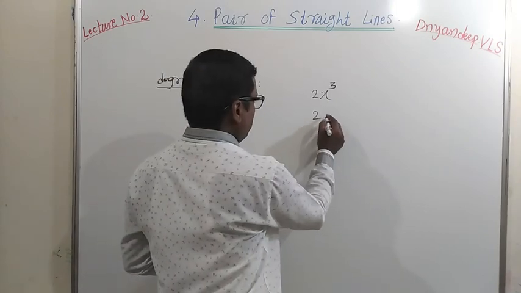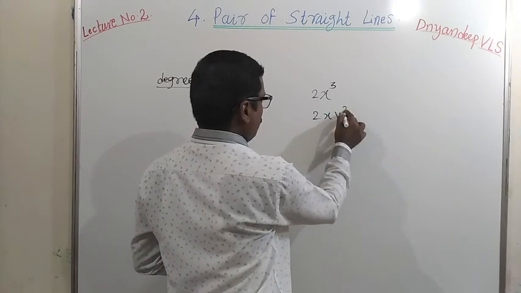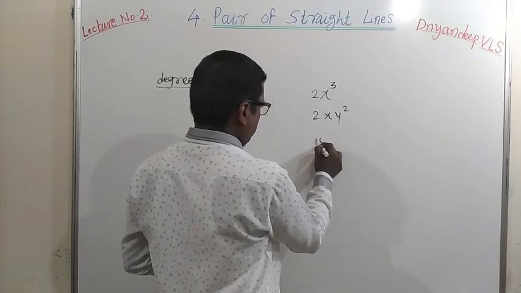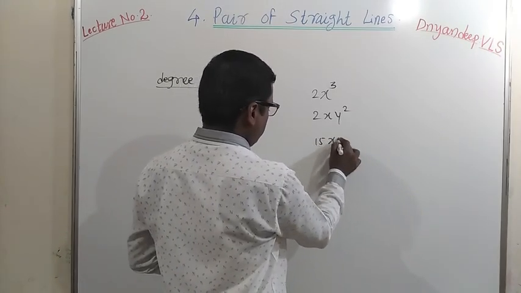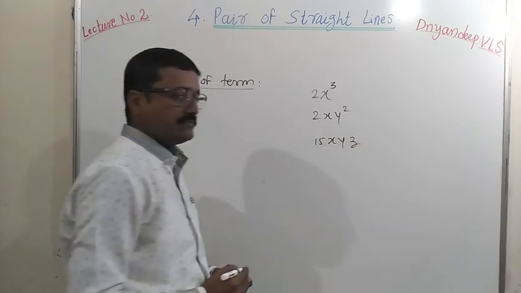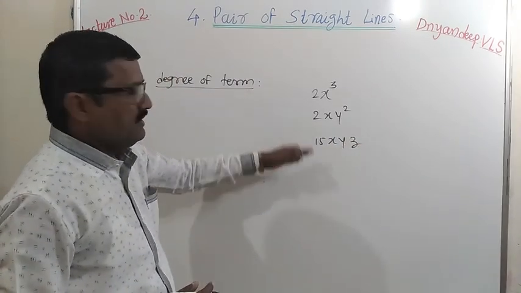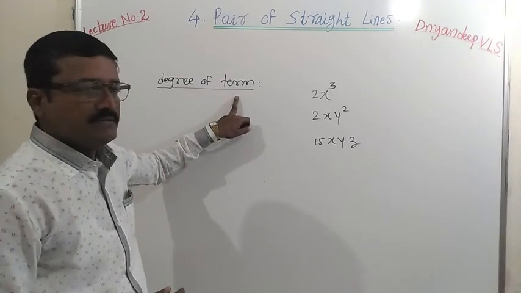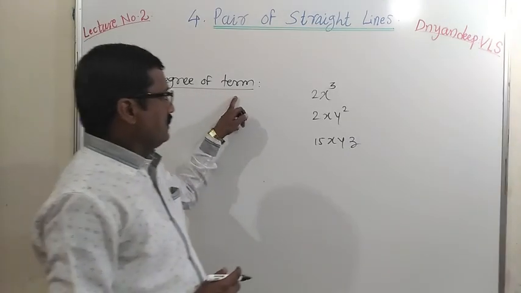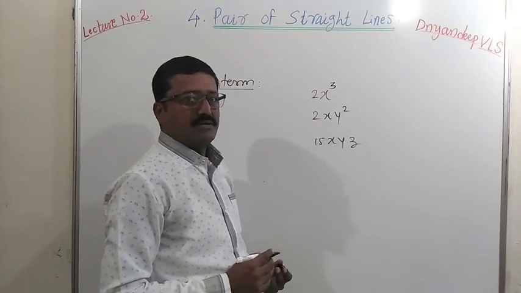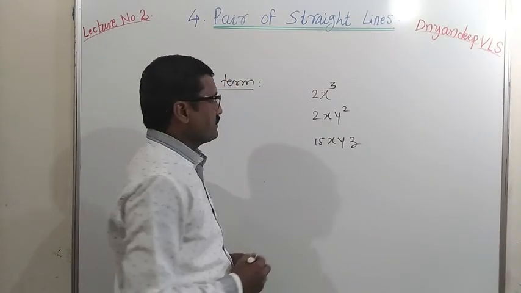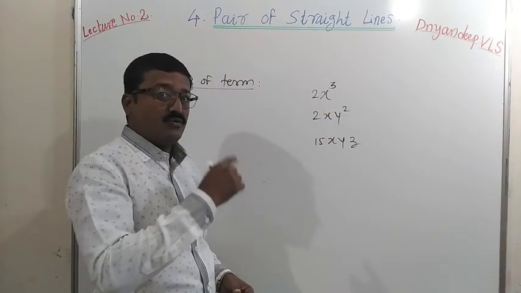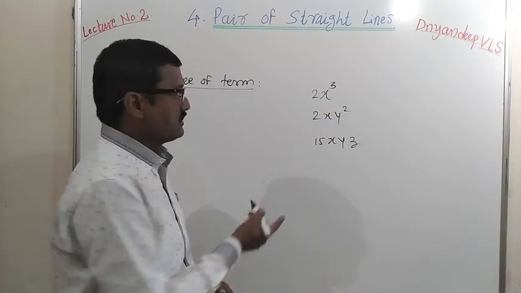If we take another term as 2xy square, or suppose 15xyz, then these are different terms. But what is meant by degree of a term? Degree of a term is nothing but the total number of variables present in that term, meaning how many times that variable occurs there.